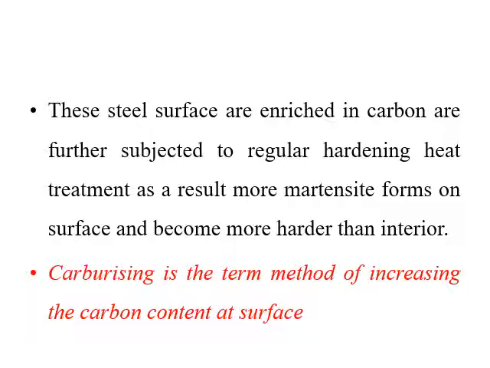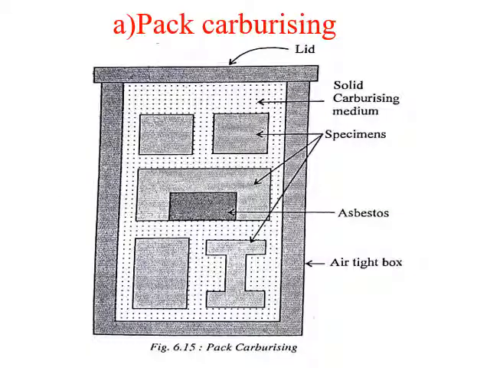As the surface is enriched with carbon, we are going to get a hardened surface. So how exactly are we going to do this? In carburizing, carbon is raised at the surface to increase the hardness of a material.